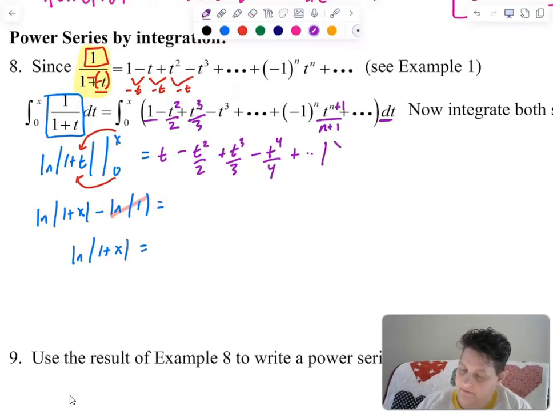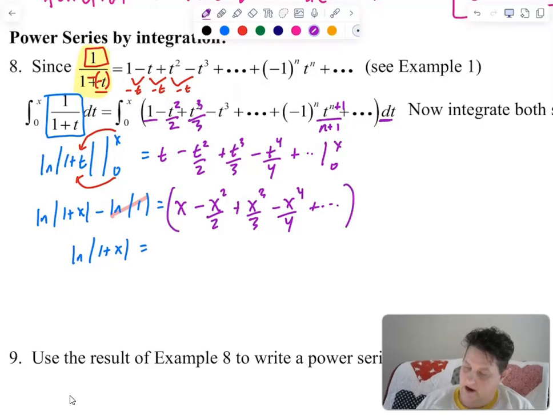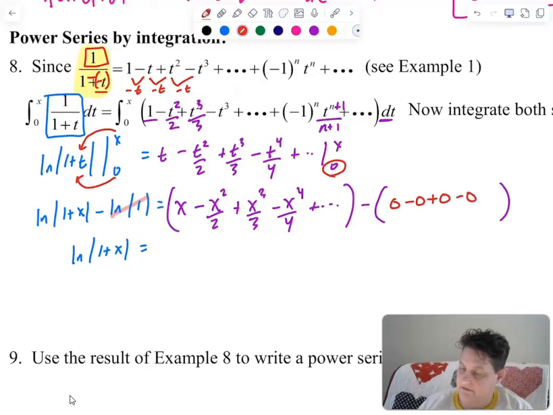Okay, evaluated from 0 to x. Now when I plug x in, this becomes x minus x squared over 2 plus x to the third over 3 minus x to the fourth over 4. Okay, top minus bottom. And when I plug in 0, you just get 0 minus 0 plus 0 minus 0, dot, dot, dot. So those all just go to 0, okay?